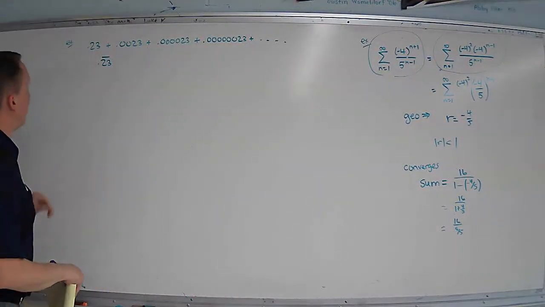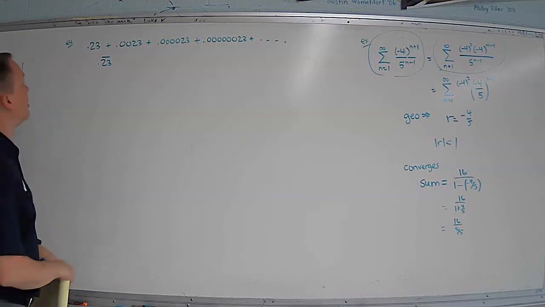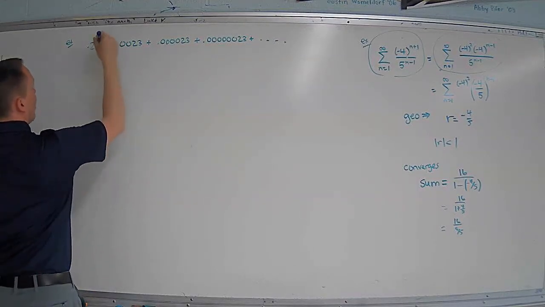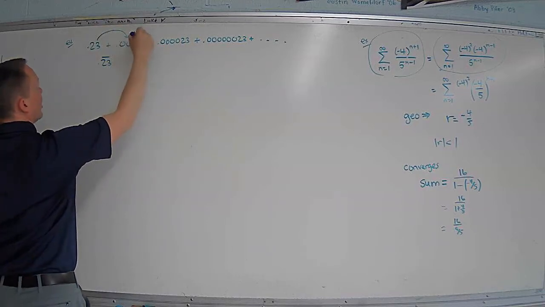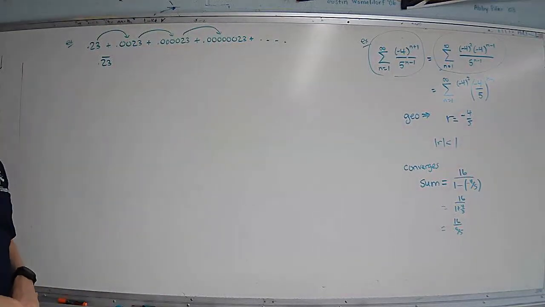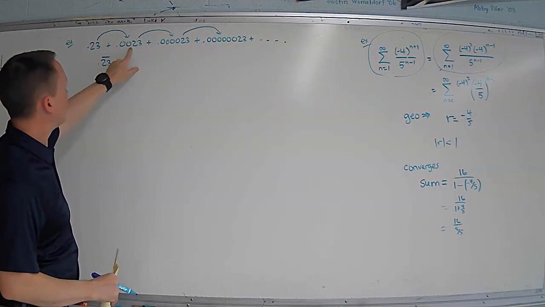And it turns out, my friends, that this right here is a geometric series. If I think about going from here to here, and here to here, and there to there, what's the common ratio? What did I multiply this by to get this?